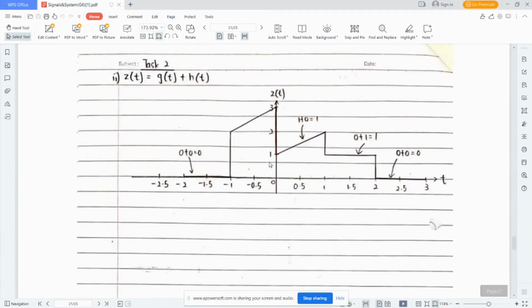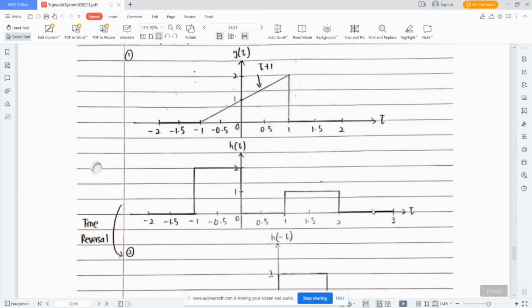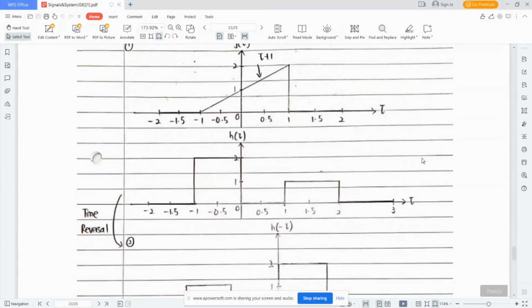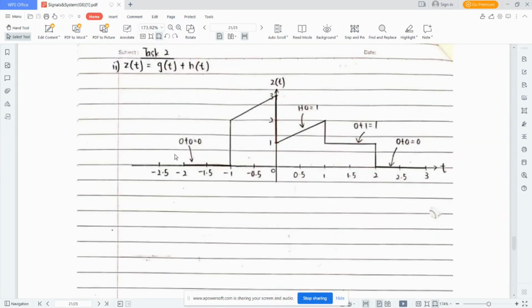So 1 plus 0, the graph will be 1. From 1 to 2, here is 0 and here is 1. So 0 plus 1, we will get 1. After 2 it is 0 plus 0: here is 0 and here is also 0. So 0 plus 0, we will get 0. So we will get a waveform like this.